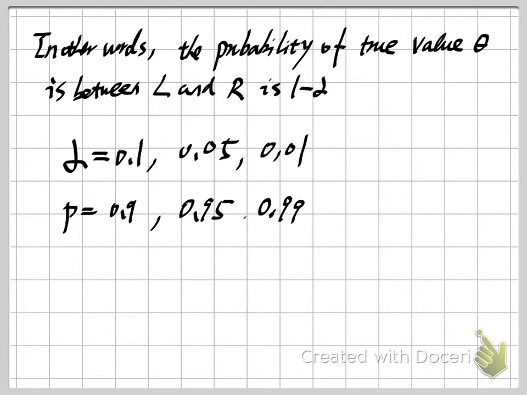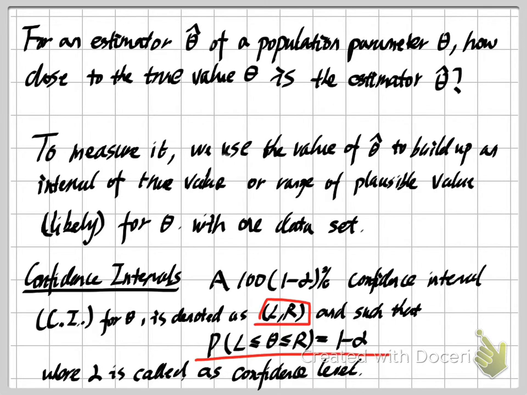To find our left endpoint L and right endpoint R, we need to try, based on the population we have, or based on the CDF or the information we know about this probability, to find these symmetric intervals.